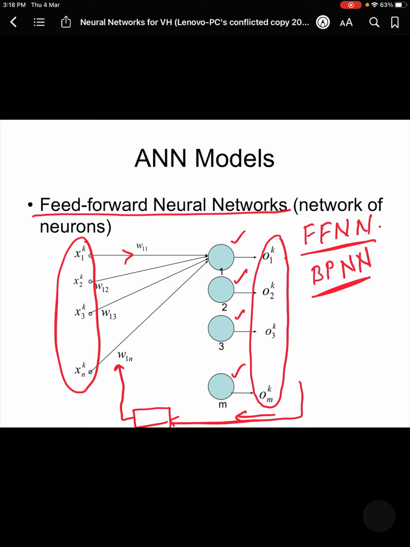Now, if you have multiple outputs, then that many neurons would be required, because each neuron can have only one output. But the number of weights depends on the number of inputs. Here is the way a single neuron, which we have already seen, would be connected. This neuron is connected to all the inputs through its weights.